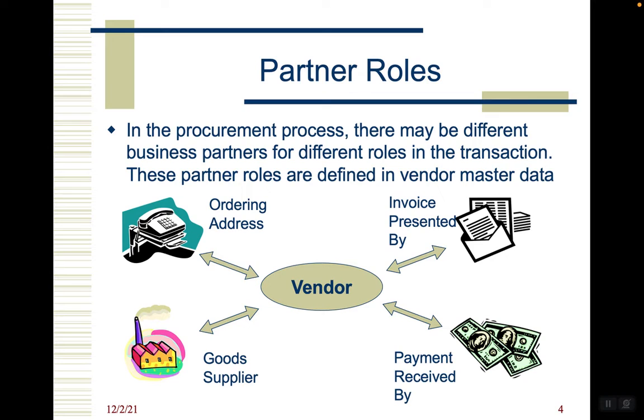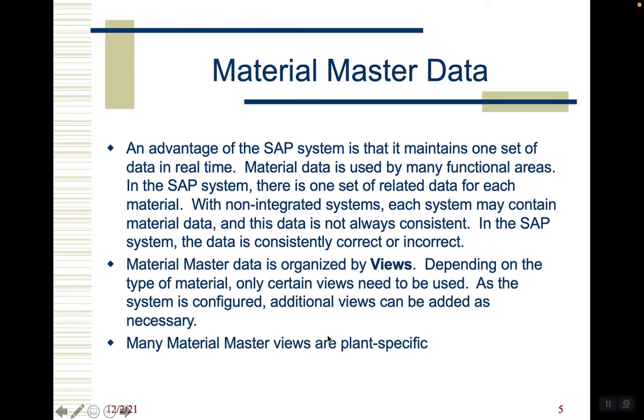And what we see more and more often is organizations outsourcing a lot of functions, so the invoicing and accounts receivable can be contracted out to outside parties. That's kind of what this represents.